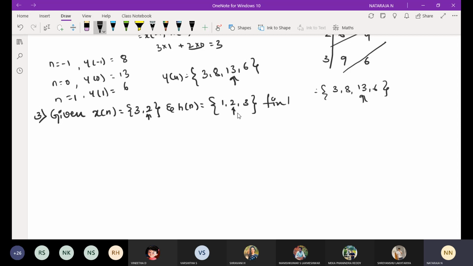Find y of n is equal to x of n convolved with h of n.